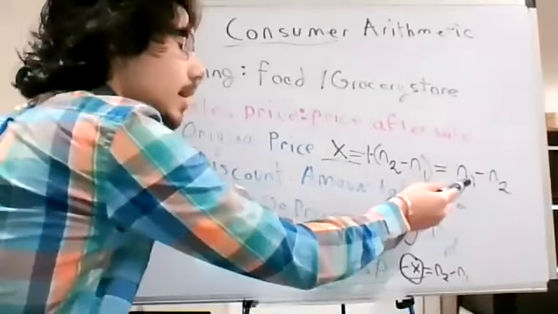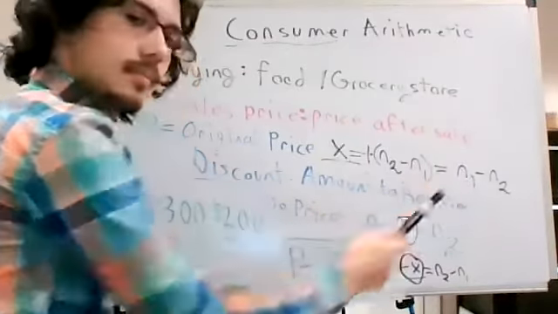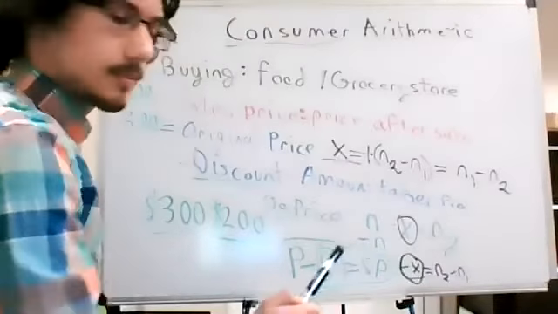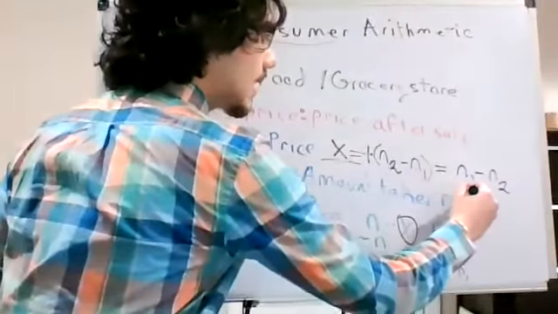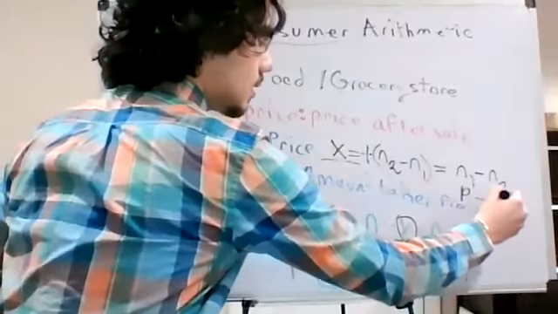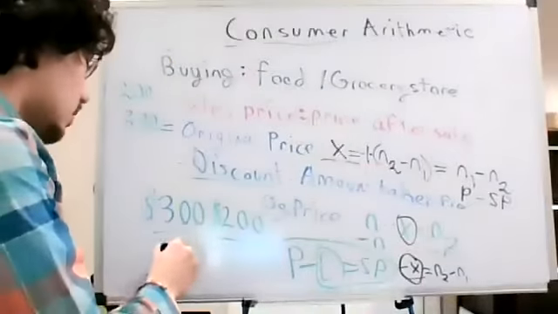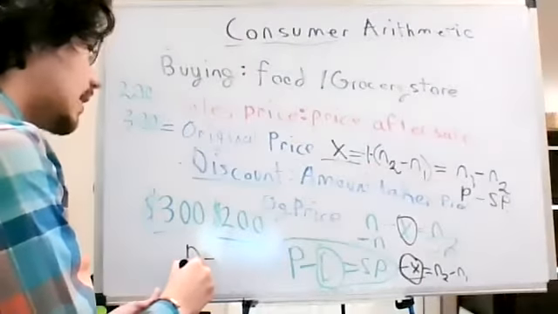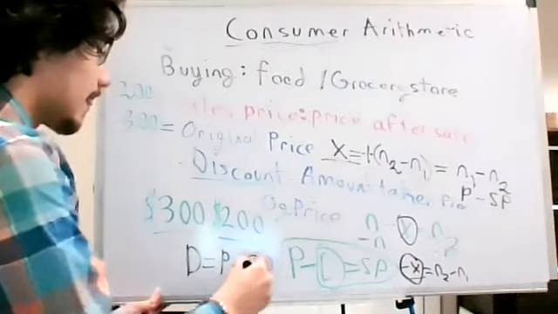What is the first number? The price. Yes. What is the second number? The sales price. Yes. And we said X was the discount. So this means discount equals the price minus the sales price.